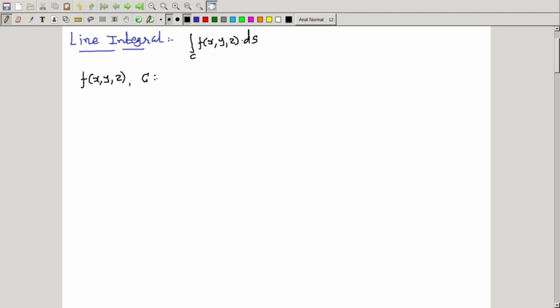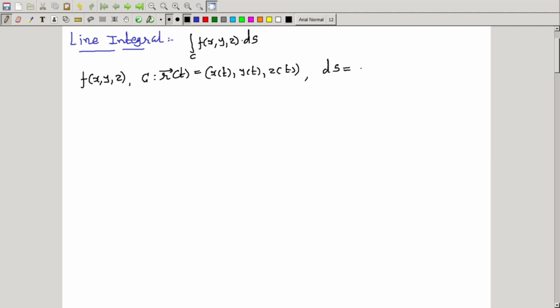Right. How do we define this curve C? The curve C is this vector r(t) is equal to x of t, y of t, and z of t. Right? And how did we define ds?